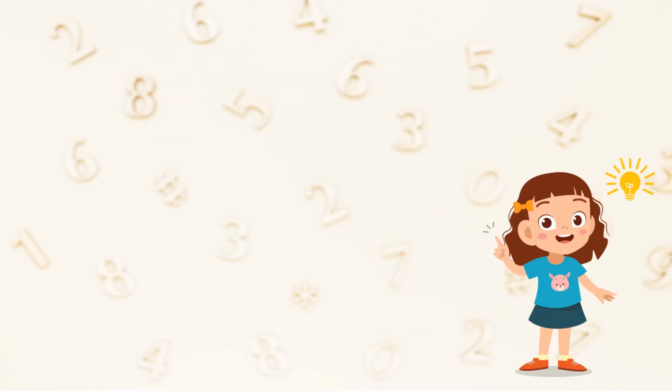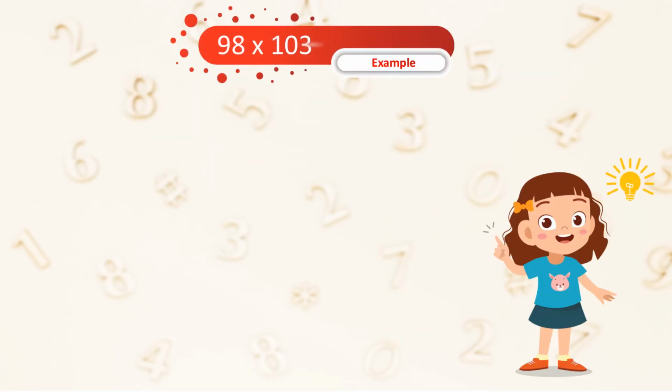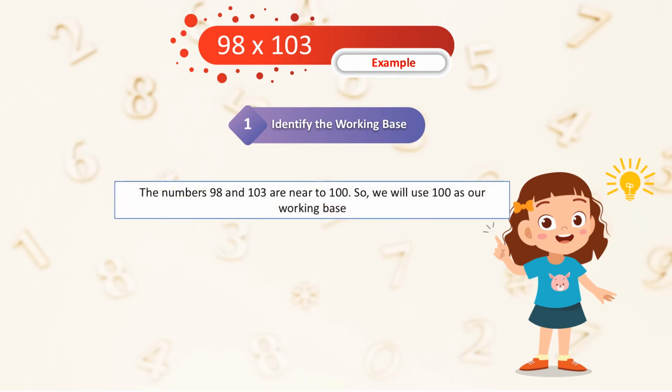As an example, let's take 98 times 103. The first step is exactly the same as our previous 2 examples. 98 and 103 are near to 100, so we will use 100 as our working base. That completes our step 1.